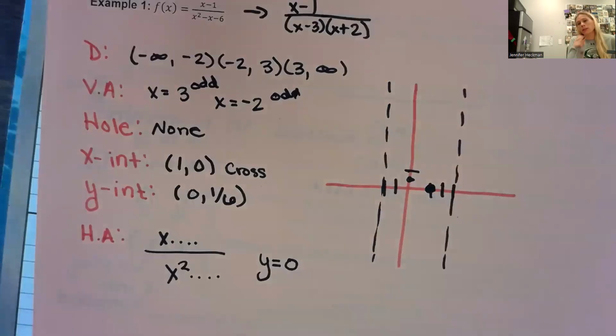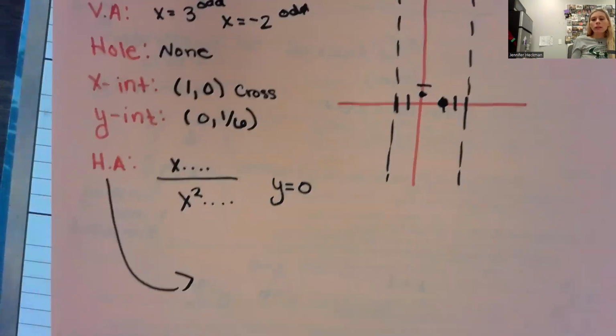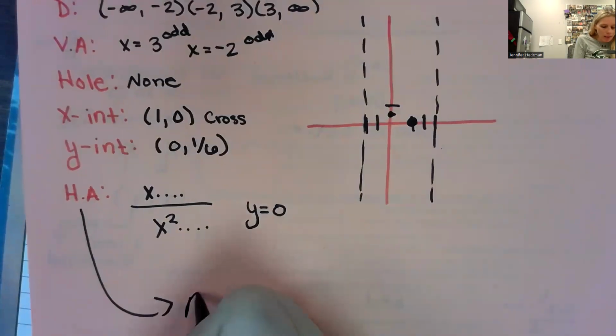And horizontal asymptotes. Now, by the way, let's have this discussion. Asymptotes, we think of, hey, we can't cross. But if you remember, I said earlier in this lesson that horizontal asymptotes aren't a full-on asymptote. It's talking about end behavior, guys.